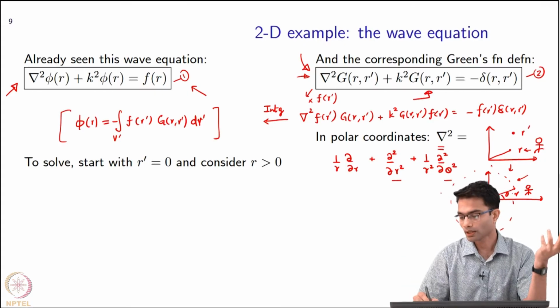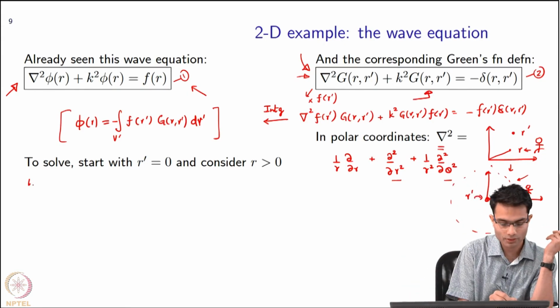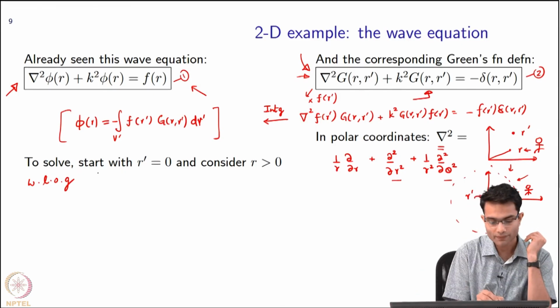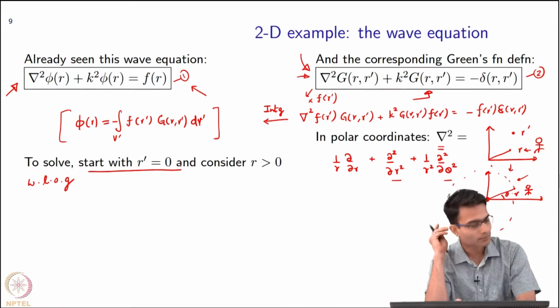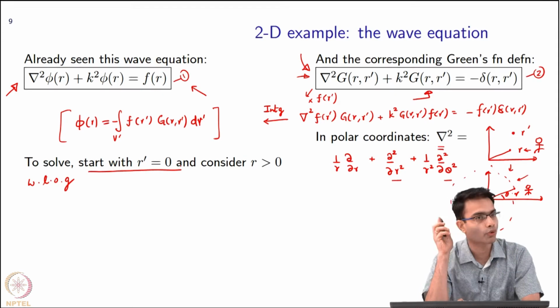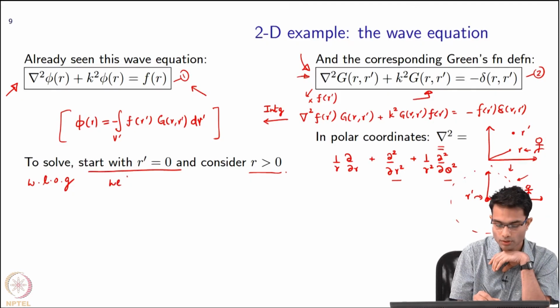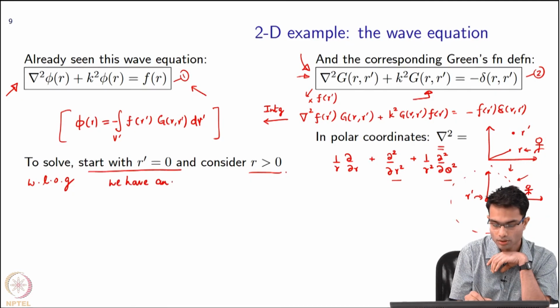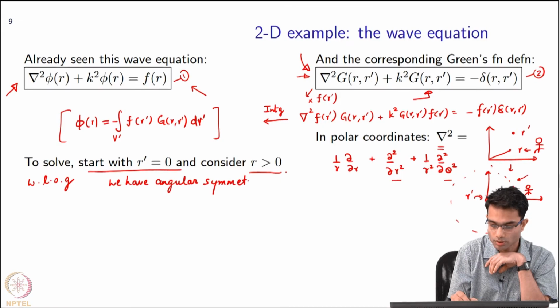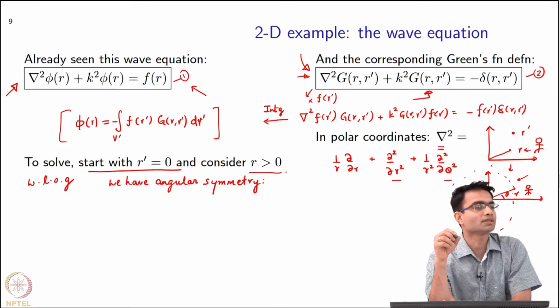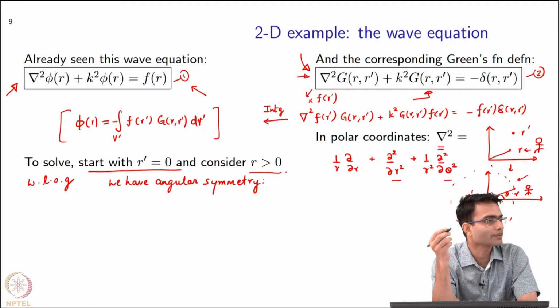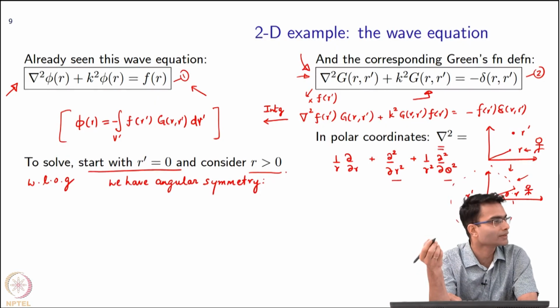Okay. So without any loss of generality, WLOG, we can start with r prime equal to 0, and consider all points which are away from the origin. In this case we have angular symmetry, which means that the physical significance of angular symmetry is that whatever function or output I get will not have any theta dependence, right?